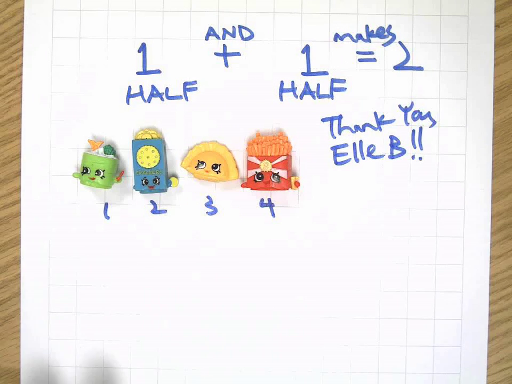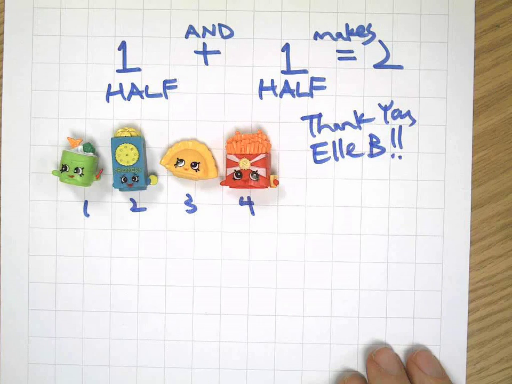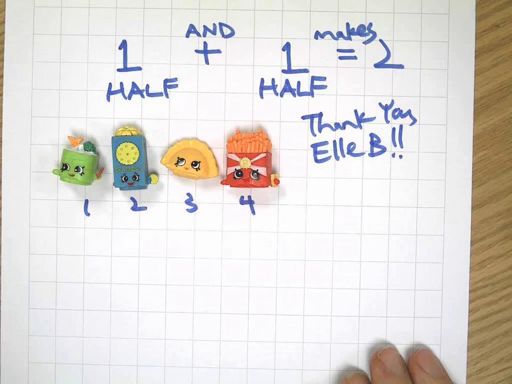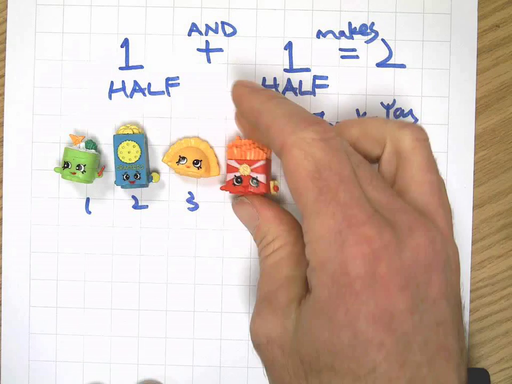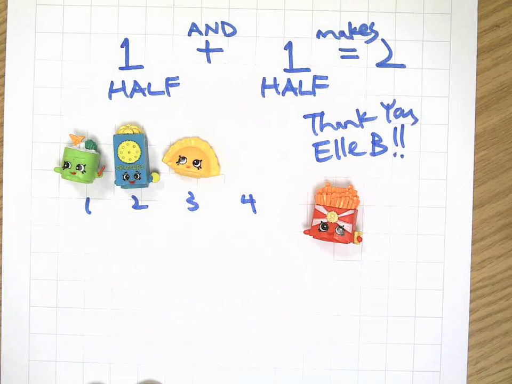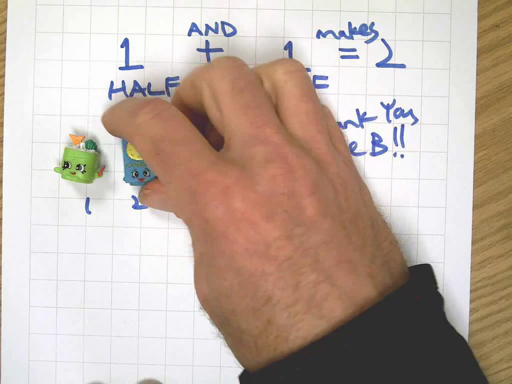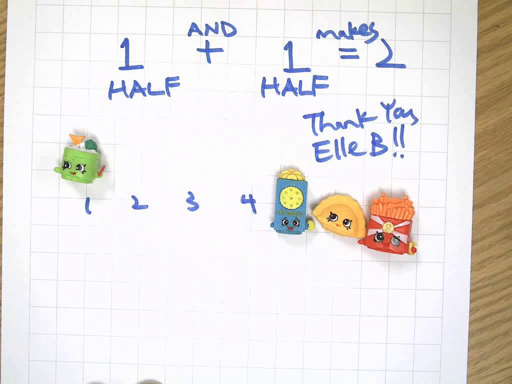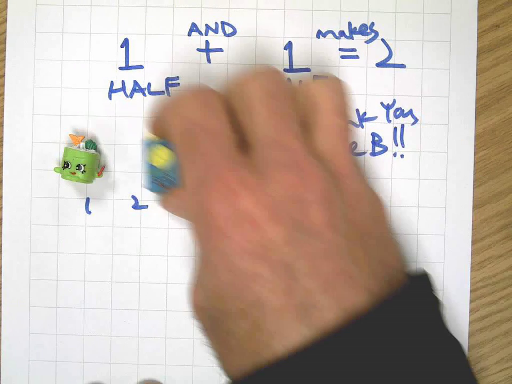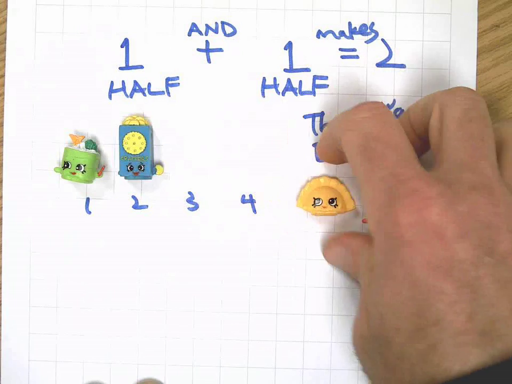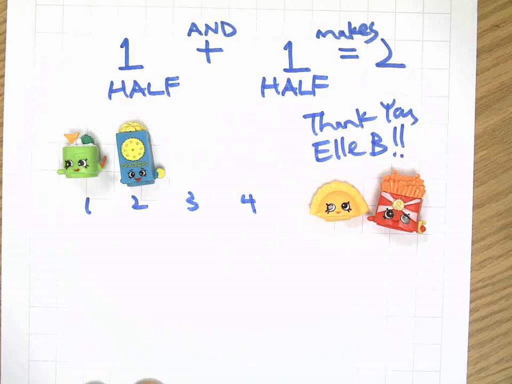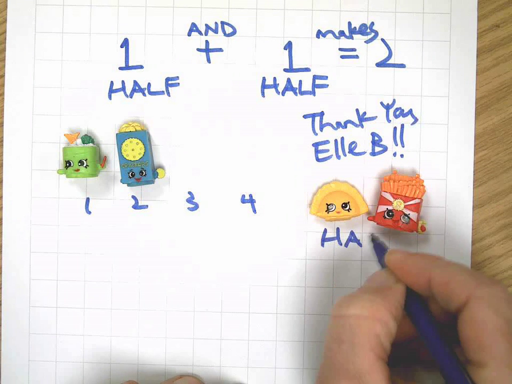Okay, how many Shopkins do I have right now? 1, 2, 3, 4. Okay, let's split them in half. I want to give half to LB and half to me. Is that right? No. Is that half? No, you can tell they're not half because they don't have the same number. But if I give her 2 and if I keep 2, that is half.